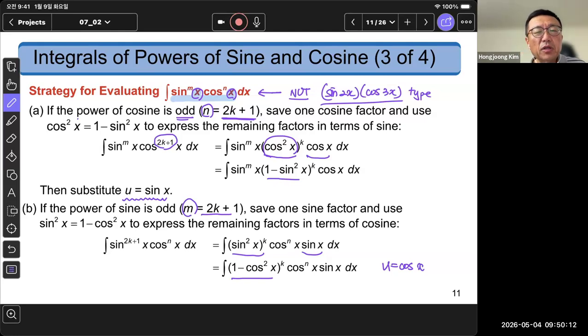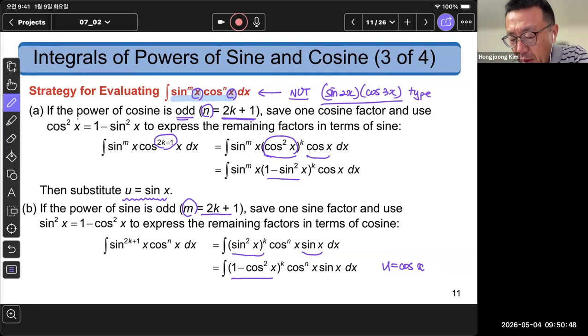So if one of these two powers is an odd number, then the problem is simple. If both numbers are odd, you can apply either one. Anyway, if one of m or n is an odd number, the problem is simple. You can just split that odd number as the even power times one copy.